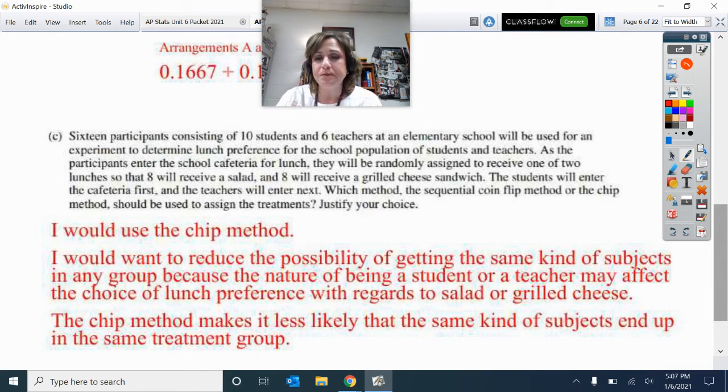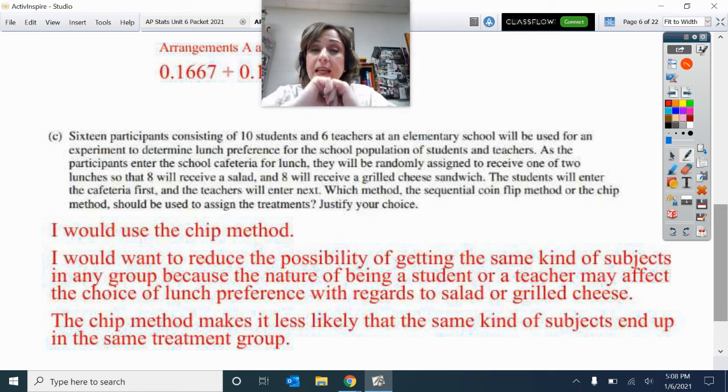So the students will enter first, kind of like how we did man 1 and man 2. Now we're going to go through all the 10 students and then the 6 teachers. Which method, the sequential coin flip or the chip method, should be used to assign the treatments? Justify your choice. So this is bringing in the concepts of random variables plus your understanding of experimental design.